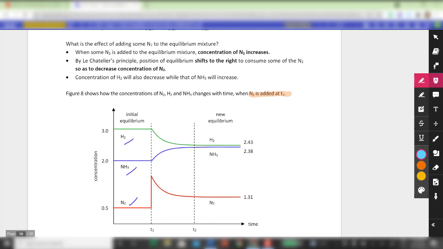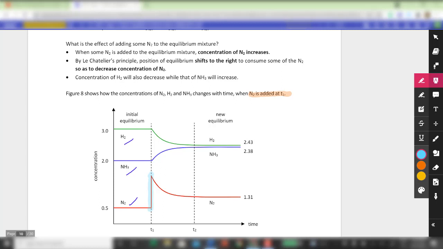Please take note of the shape of the graph because it's very important. You'll notice that for nitrogen, it shot up instantaneously. Why is that the case? Because when you introduce nitrogen, you introduce it in bulk at one time. You just push the nitrogen in, so almost instantaneously it shoots up. But the rest need time to re-establish the equilibrium.